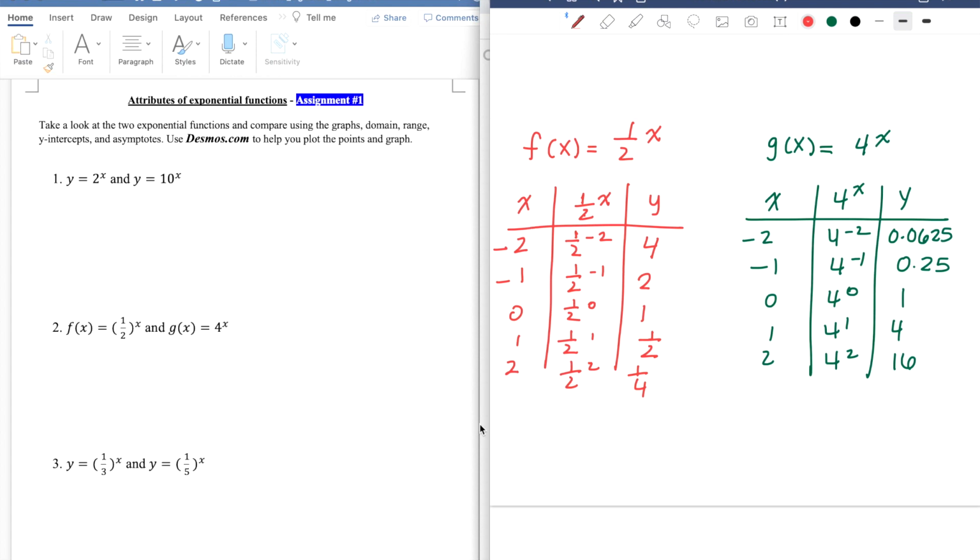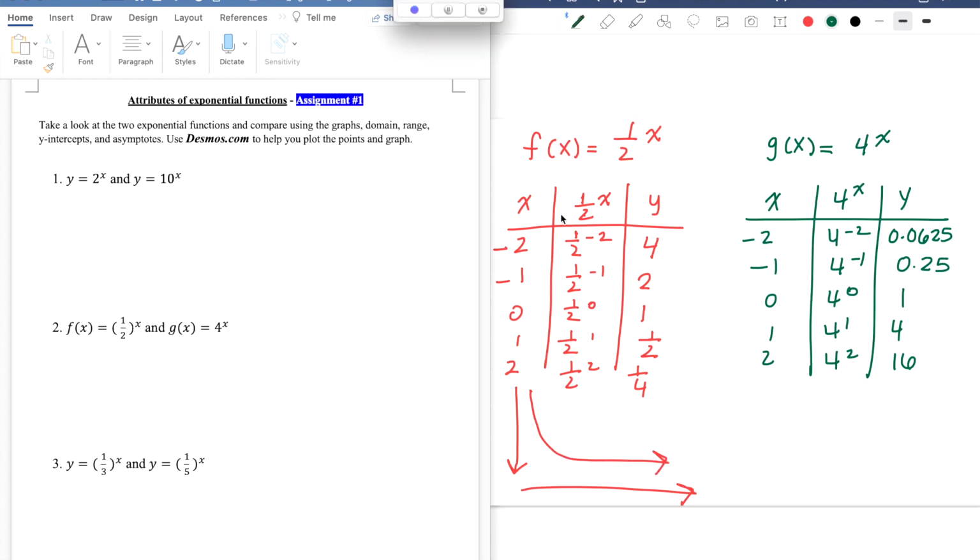But without having to do that, I can already tell if this is going to be a growth or decay. How? Look at your x and y values. Your x values increase, your y values decrease. So when your x values increase, your y values decrease, and you get an exponential decay. Now let's look at g of x.